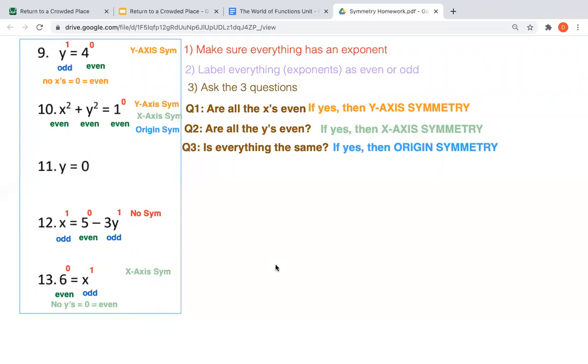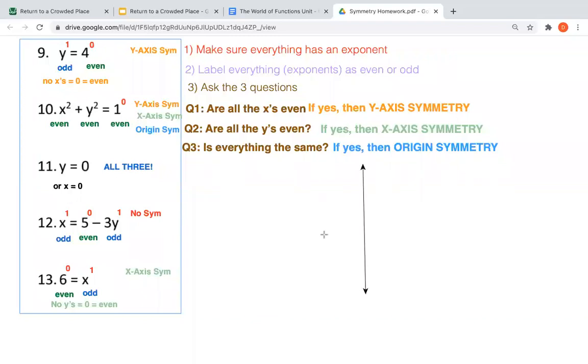Anytime you have y equals 0, or x equals 0, these two equations are always going to be all three. And we can see that if I were to graph that.